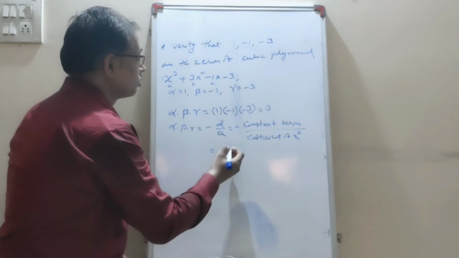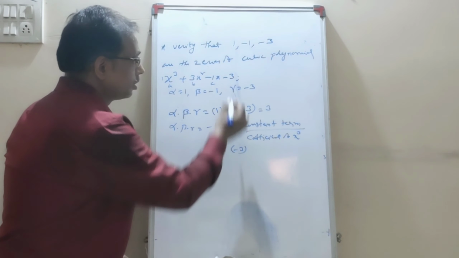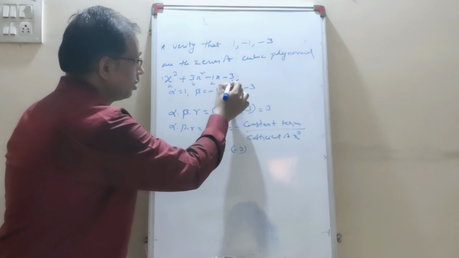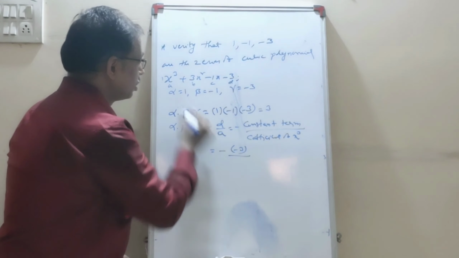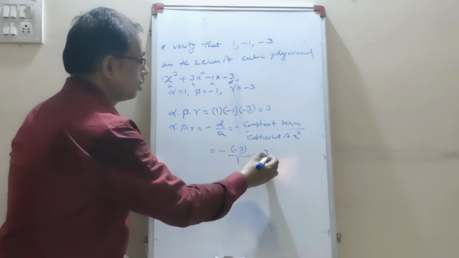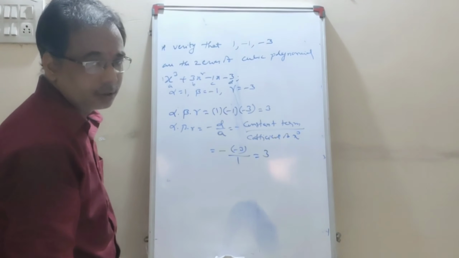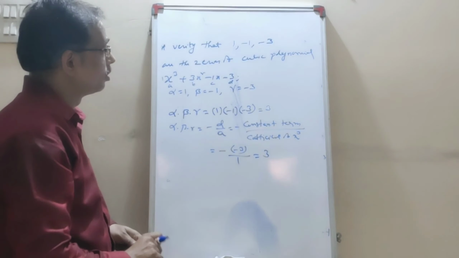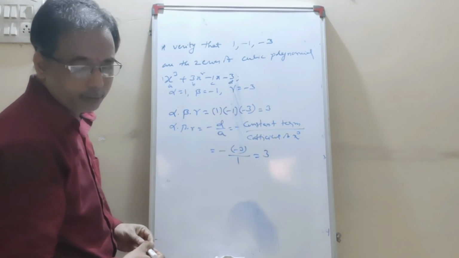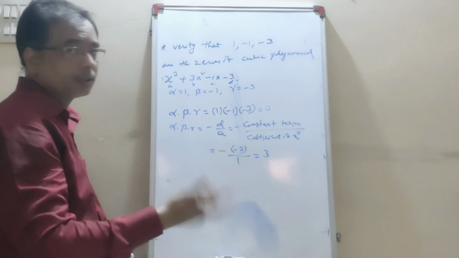So we can write it as minus of minus 3, and a value is 1. So 3. So hence we can verify the relations. So like this we can do two more sums in polynomials. Let us see in the next video.